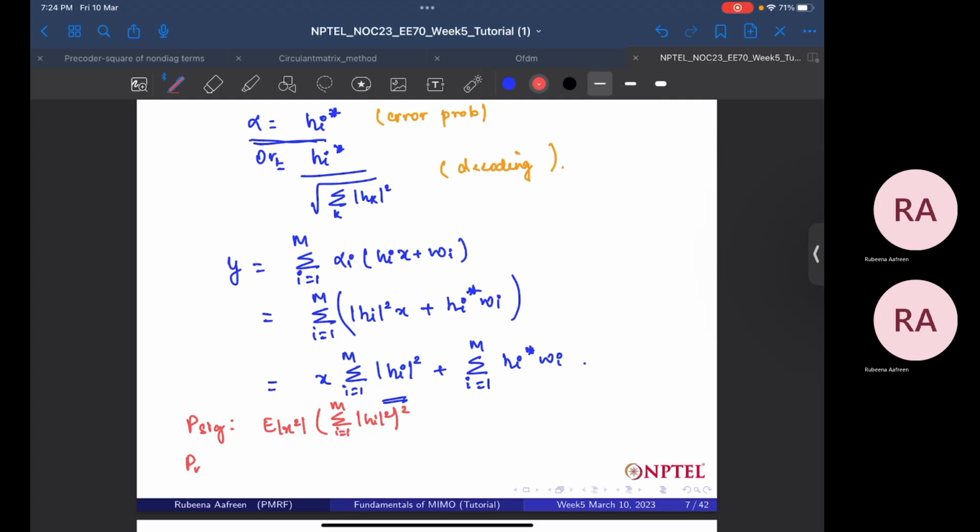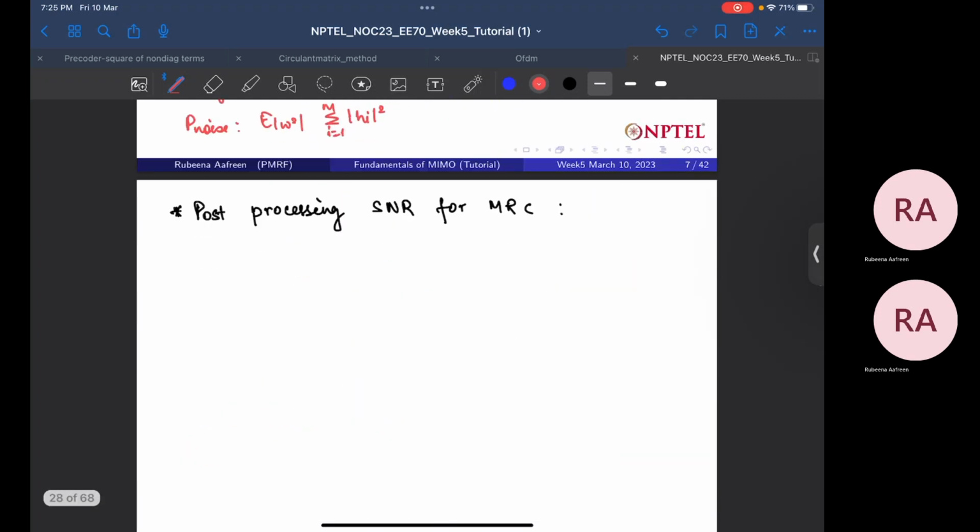Okay, and then P noise will be expectation of w square, that is the sigma square only, into summation i equal to 1 to m mod h_i square.